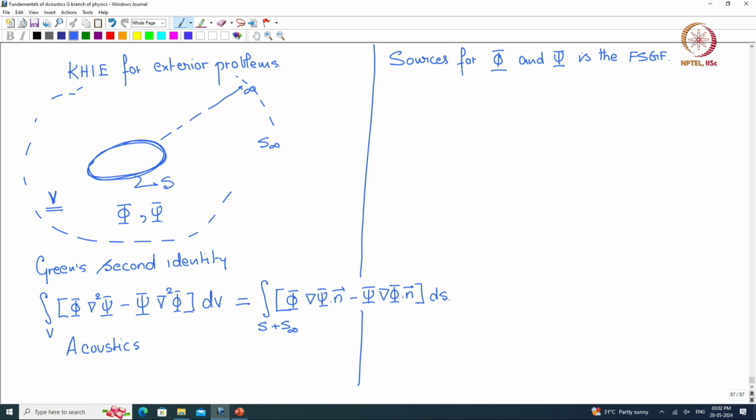Okay, but now sources for phi and psi are inside the region, inside the small volume. Inside this volume there are sources. So one set of sources generates here phi, and there is a point source which generates psi here.